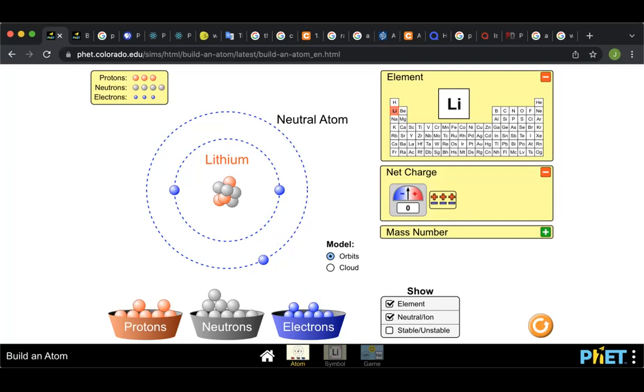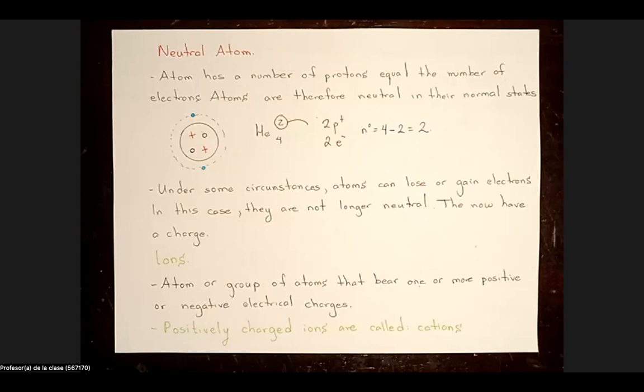Ions: an atom or group of atoms that bear one or more positive or negative electrical charges. Positively charged ions are called cations.